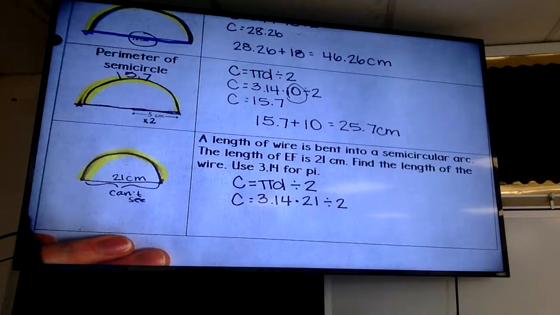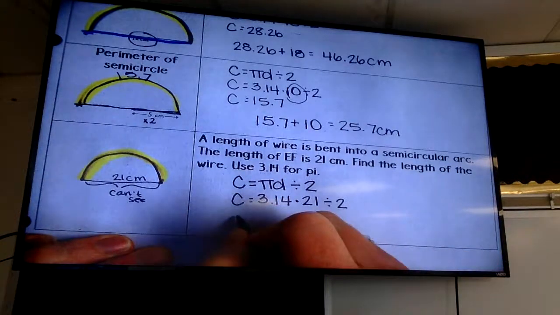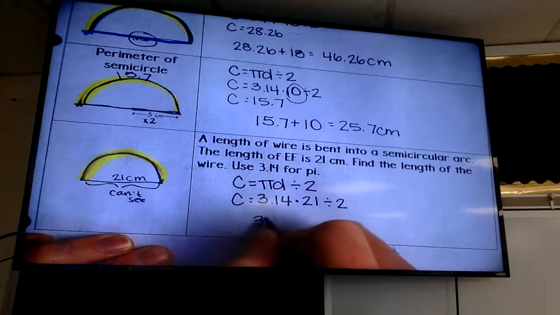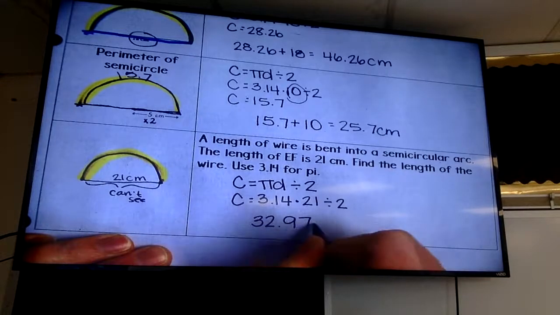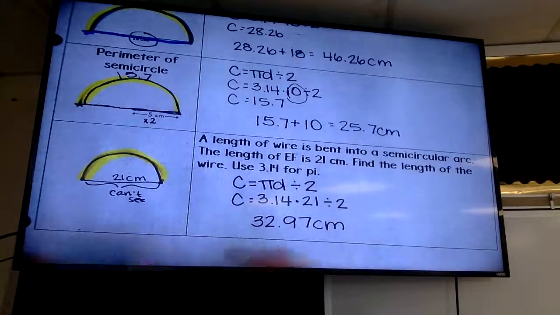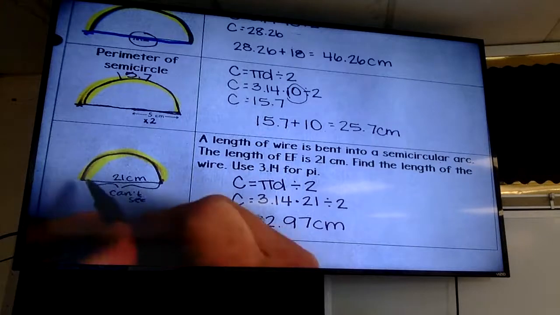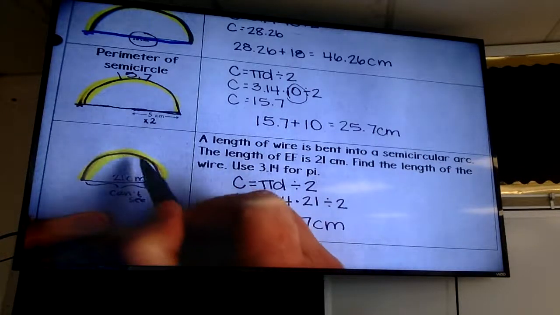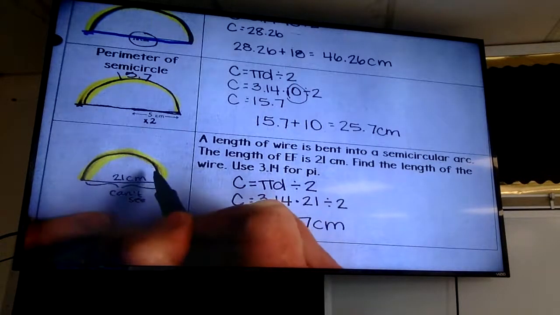So I'm going to say 3.14 times 21 divided by 2. And I find out the length of that arc is 32.97 centimeters. I don't have to add the flat side because we're just trying to figure that arc that the wire was bent into.